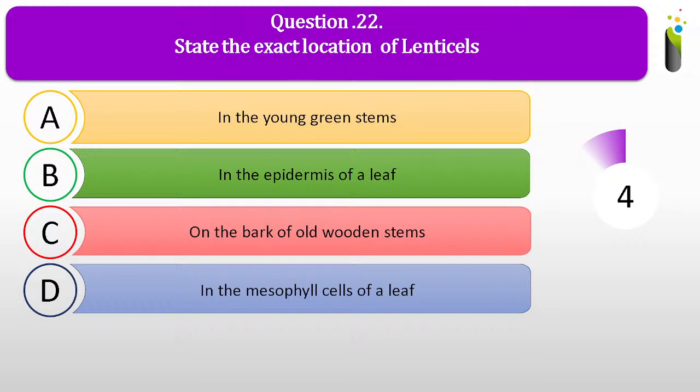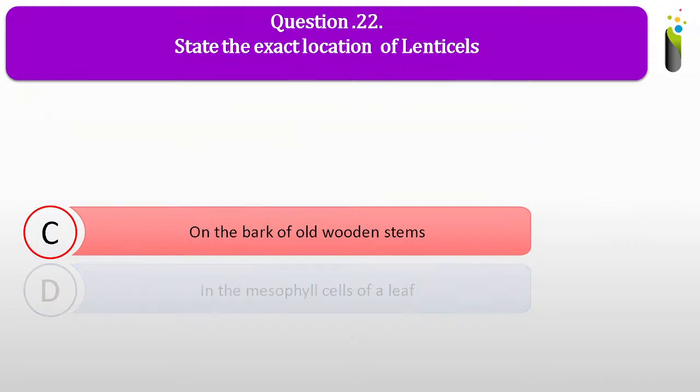So the correct answer for question number 22 is on the bark of old wooden stems. So lenticels are present on the bark of old wooden stems.